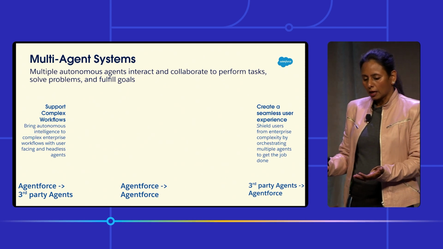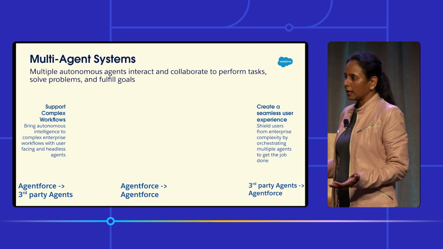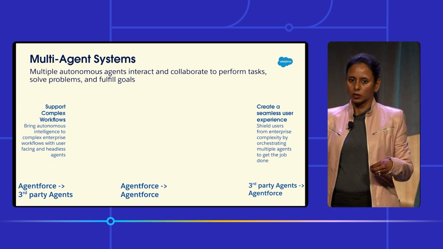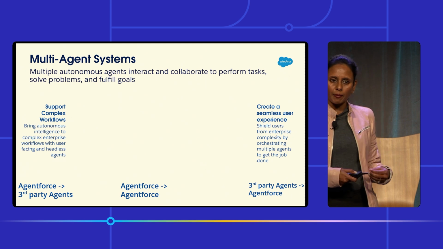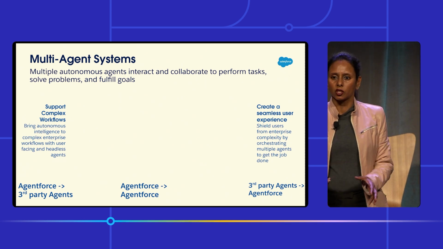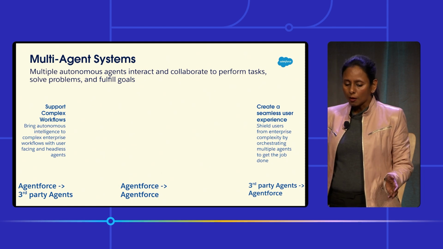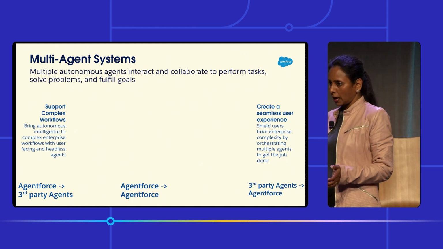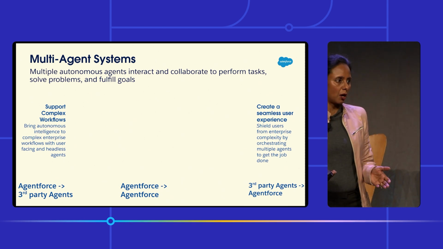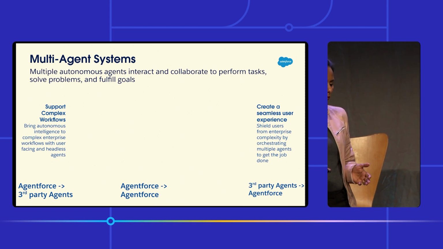The second and the third pattern are as follows. The second pattern is where you need one Agentforce agent to speak to another Agentforce agent. And the third pattern is where you want a third-party agent to communicate with your Agentforce agent. And both of these patterns can be supported by virtue of our Agentforce API that we will talk about more in just a moment.